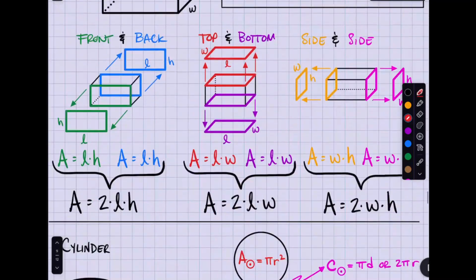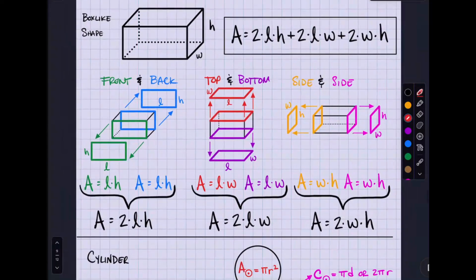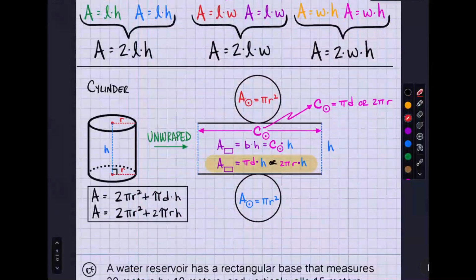This was me trying to demonstrate what the surface area is. I'm trying to show you the front and back, the top and bottom, and then the left and right side. If I add them together, that's what we would have. And then over here is a cylinder.